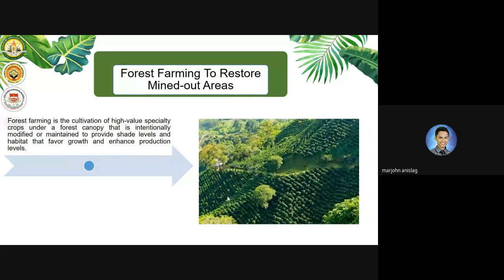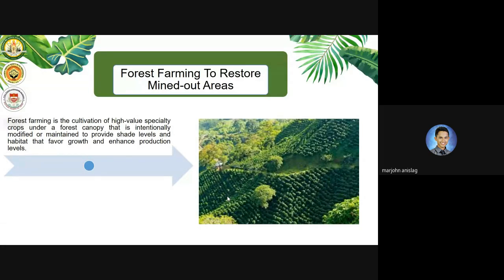Forest farming is the cultivation process of high-value specialty crops under a forest canopy that is intentionally modified or maintained to provide shade levels and habitat that favor growth and enhance production levels. In the Philippines, mining companies have used this type of agroforestry farming system to restore the mined out areas.